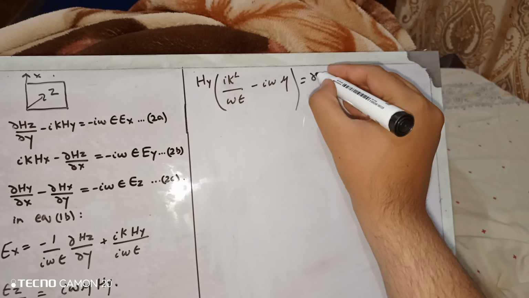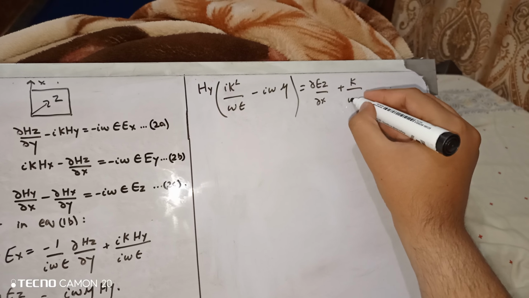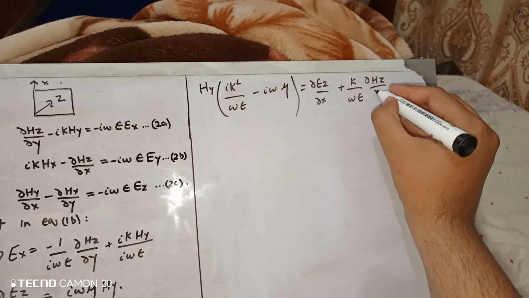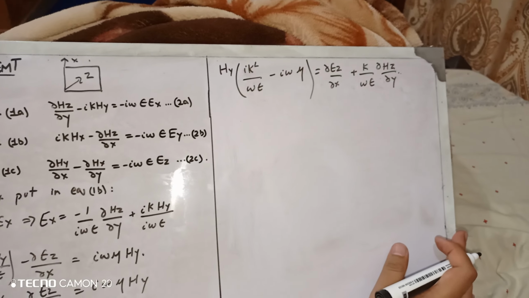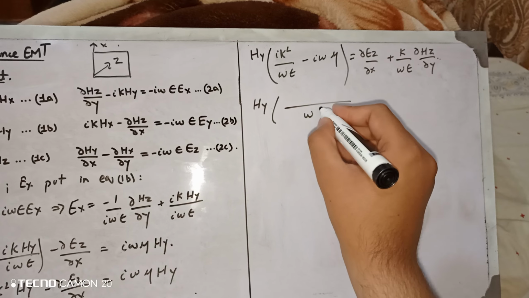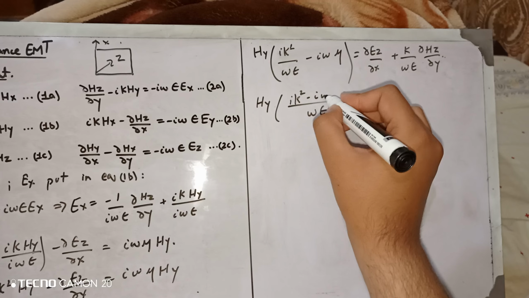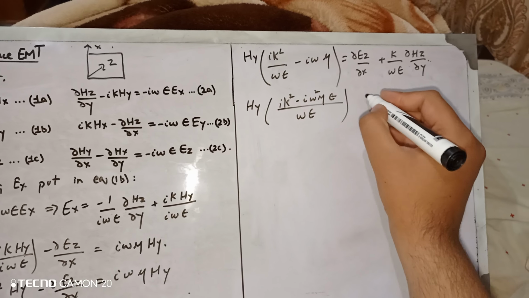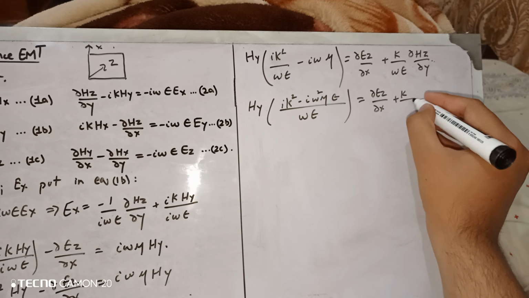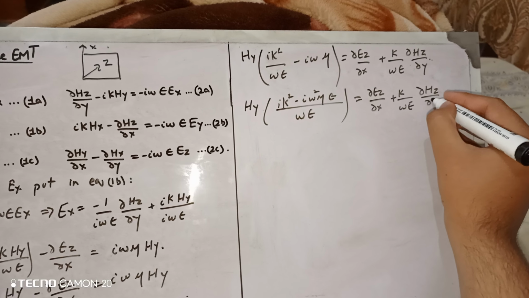Other side is as it is, partial Ez divided by partial x plus k divided by omega epsilon partial Hz divided by partial y. This term is as it is. Now again you have to take the LCM of this. So the Hy term becomes equal to omega epsilon, and the LCM is iota k square minus iota omega square mu epsilon, and this term as it is, partial Ez by partial x plus k divided by omega epsilon partial Hz by partial y.